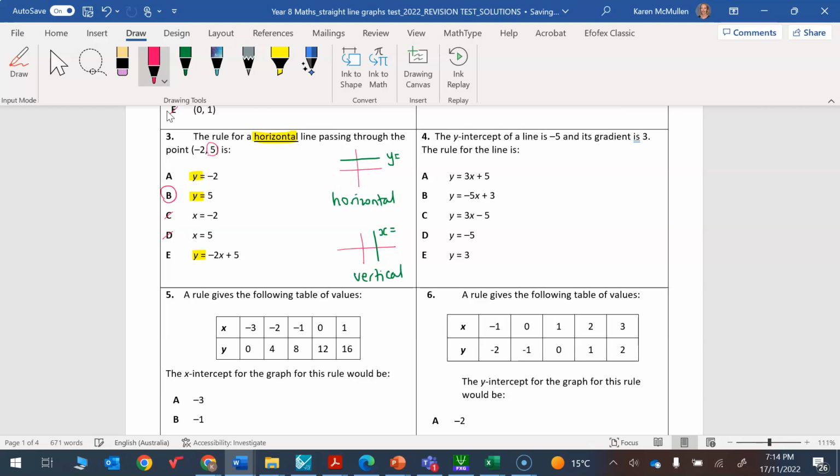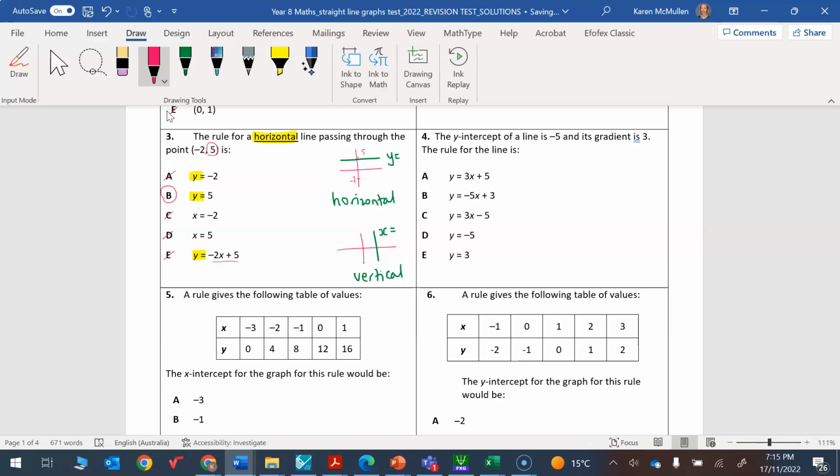So it can only be B. If we have a look at the others, for E, what we've got here is actually a diagonal line, the kind we typically see, not a horizontal or a vertical line, so it's definitely not going to be E. And option A, -2, would be down below here. There's -2, and up here is +5, and that is actually the x-coordinate of that point. So the answer is y equals 5.